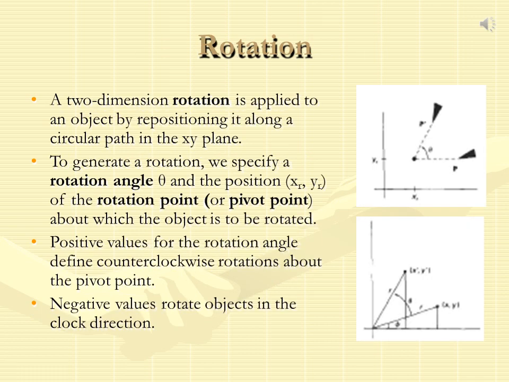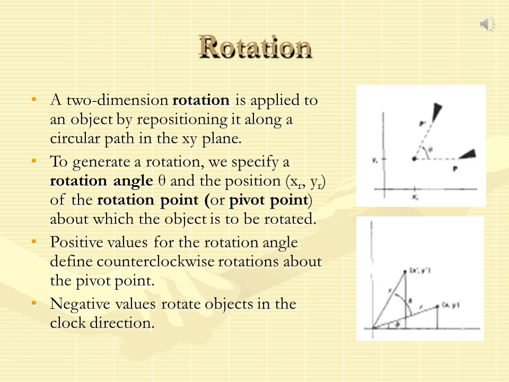Next is rotation. A two-dimensional rotation is applied to an object by repositioning it along a circular path in the xy plane. In rotation, we rotate the object at a particular angle theta from its origin.